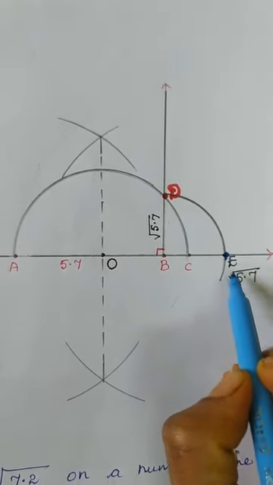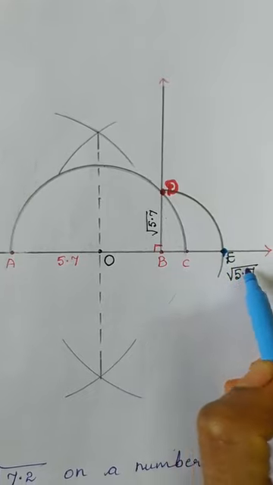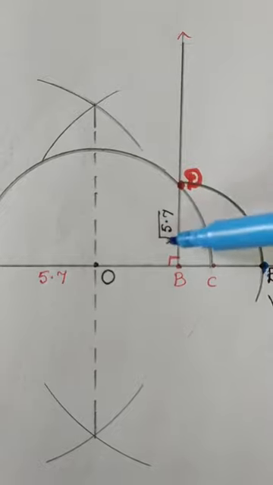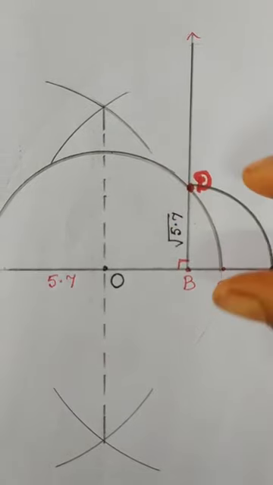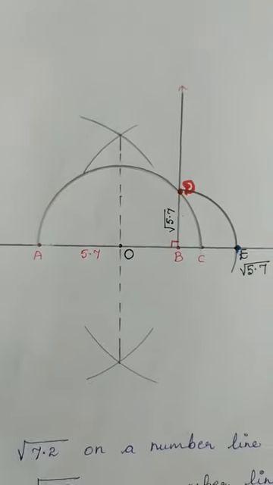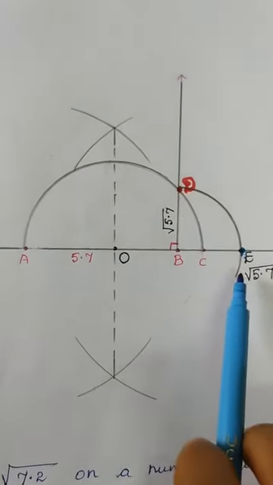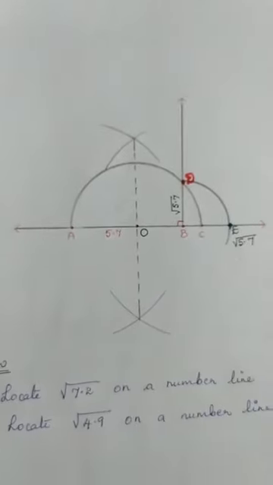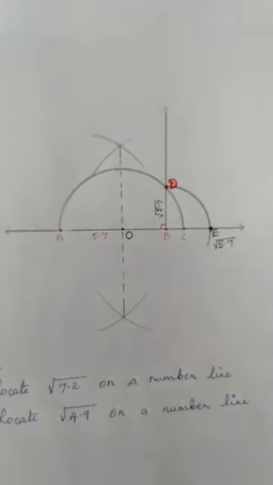Then E corresponds to root 5.7, and I can even say that this distance is also root 5.7 because we have taken this radius and drawn this arc, right? So this E represents root 5.7 on a number line. I hope this is clear, children.